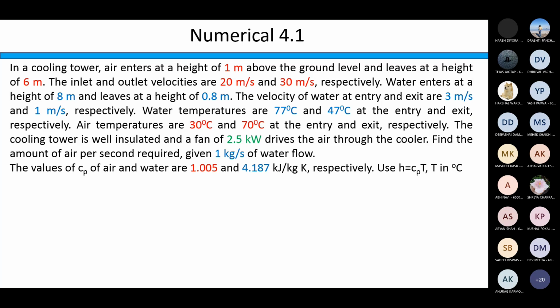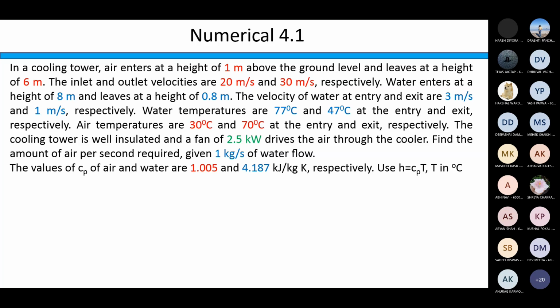Then water temperature is 77 degrees C at the entry and 47 degrees C at the exit.